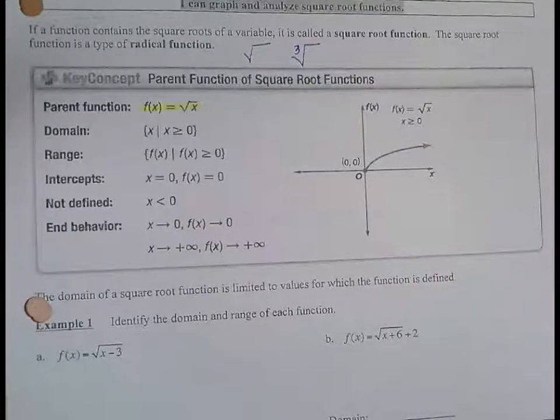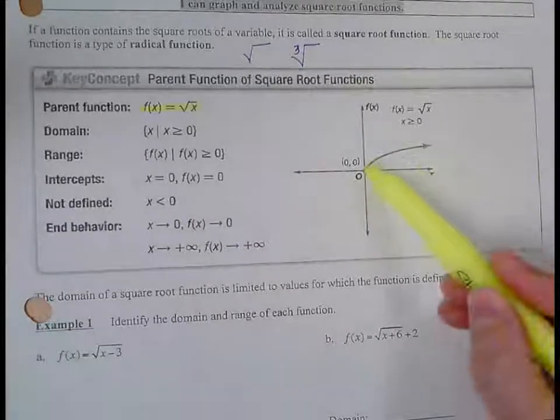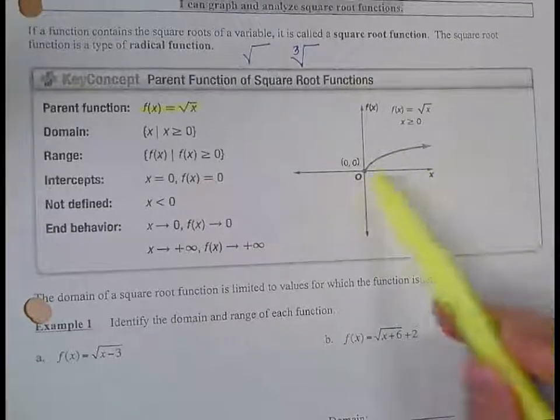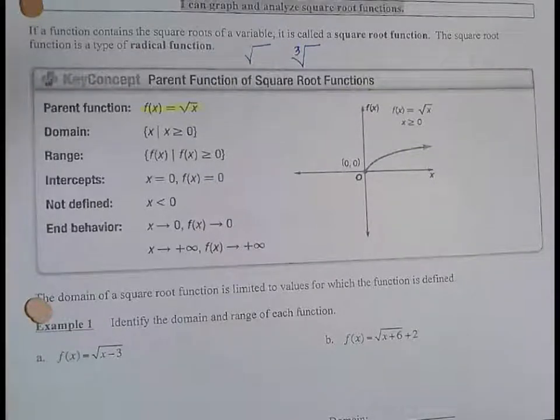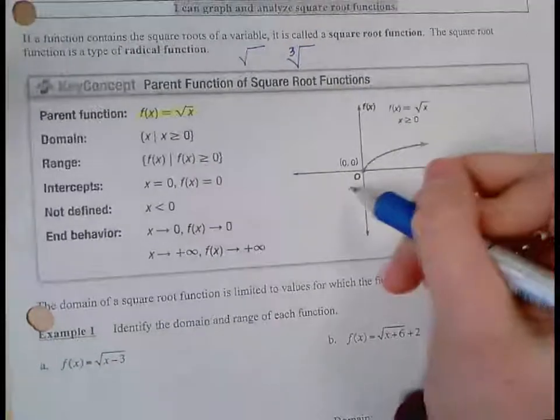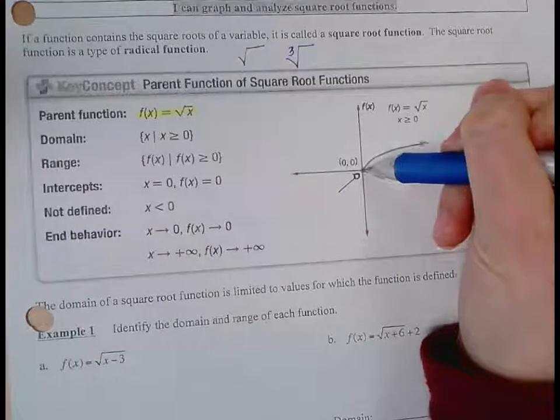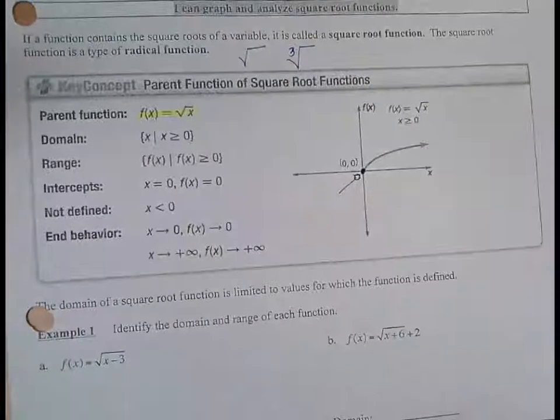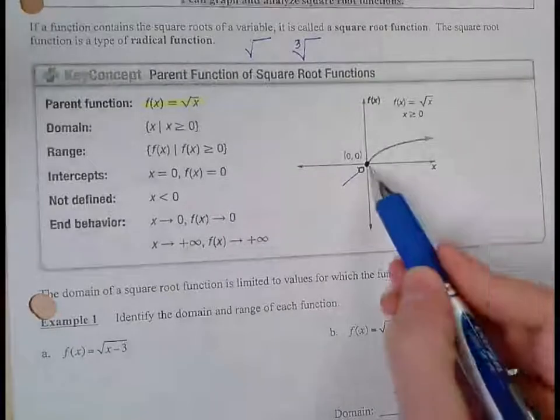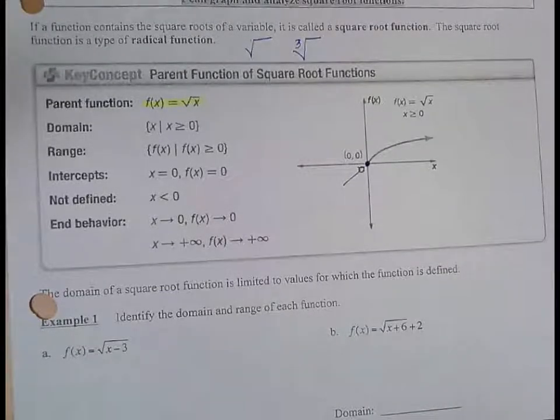So note the shape. I had briefly mentioned when we were graphing inverse functions and you had graphed that sideways parabola, I said a square root function is half of a sideways parabola. So hopefully you can see that from how it's drawn. But all square root graphs will have, and however you want to name it, I'll refer to it probably a few different ways, a starting point, an end point.